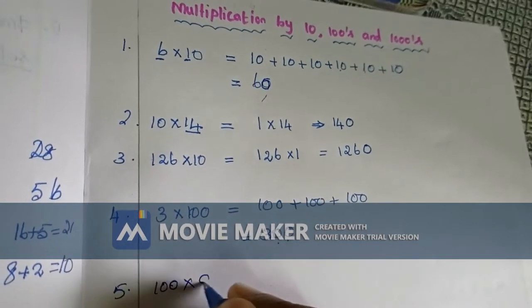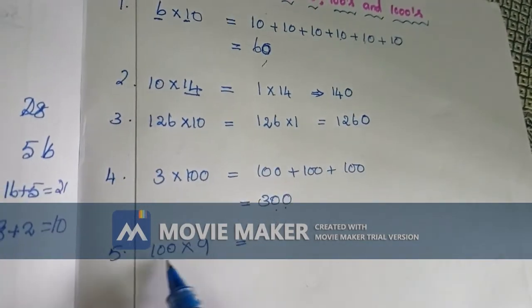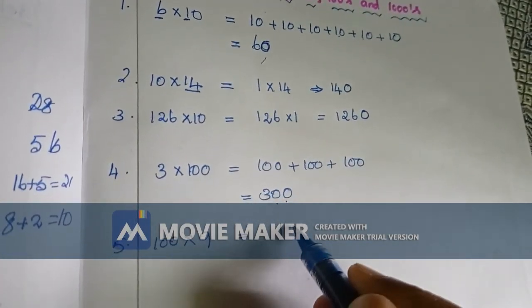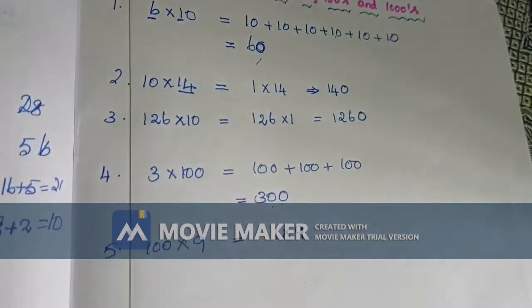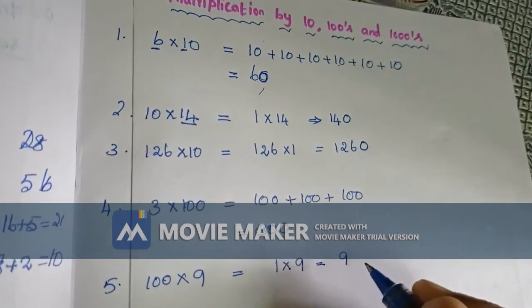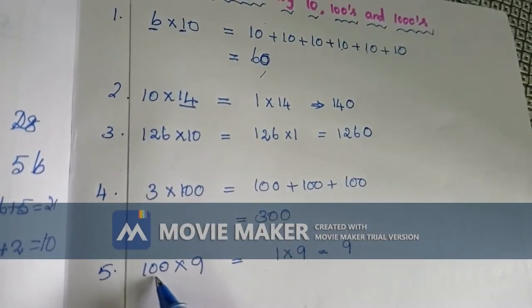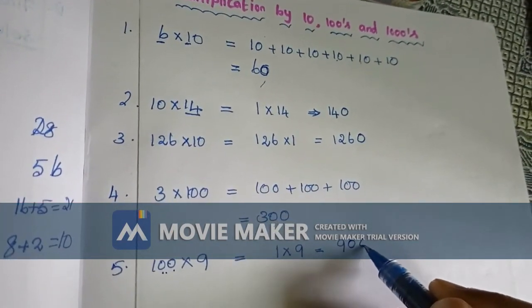100 multiplied by 9. First we have to multiply this 9 by 1, so we get the answer as 9. Then we have to add these two zeros in the tens place and ones place.